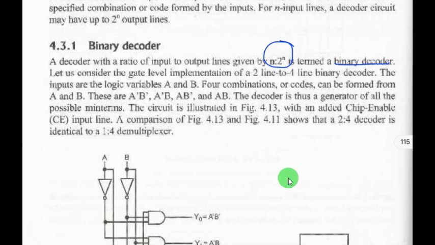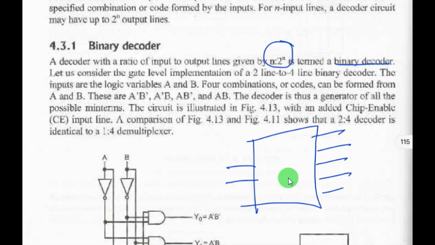Let us consider the gate level implementation of a 2-line to 4-line decoder. So if you have 2 input lines, how many output lines do we have? 4. So you want to implement, these are 2 inputs, A and B, and the outputs are going to be Y0, Y1, Y2, and Y3.